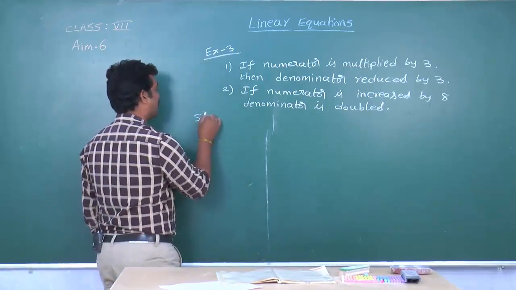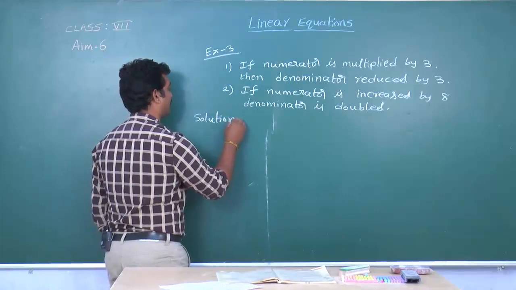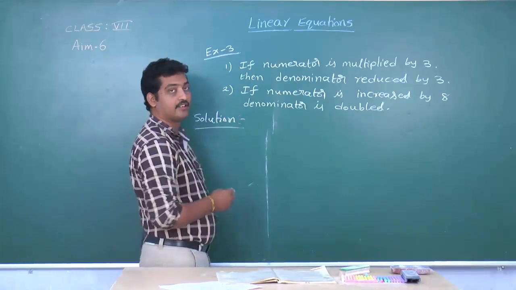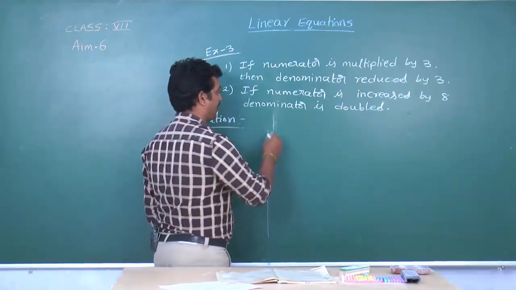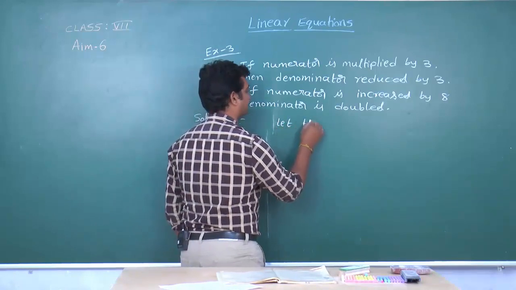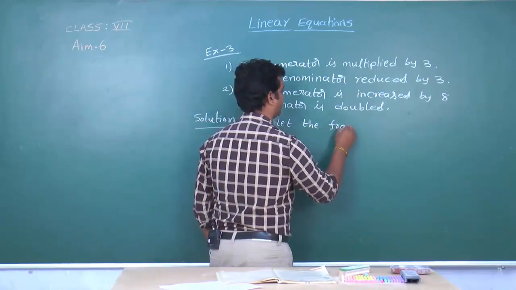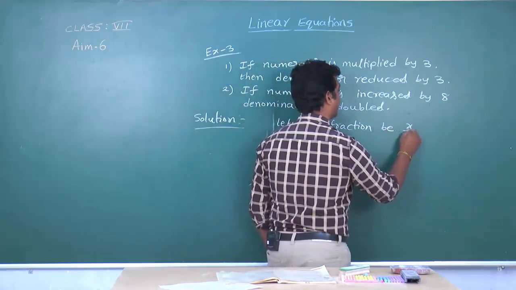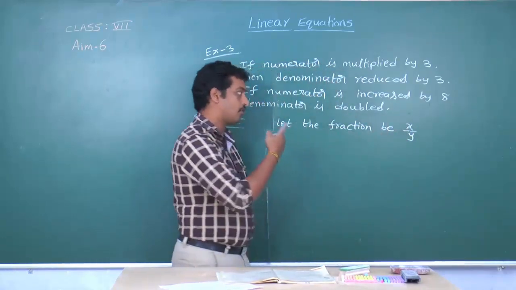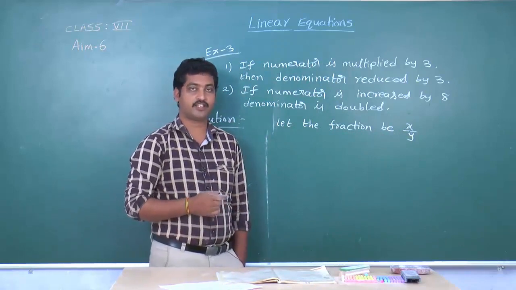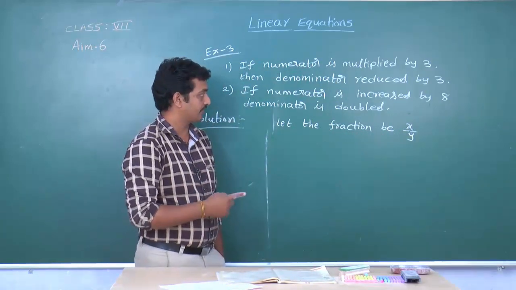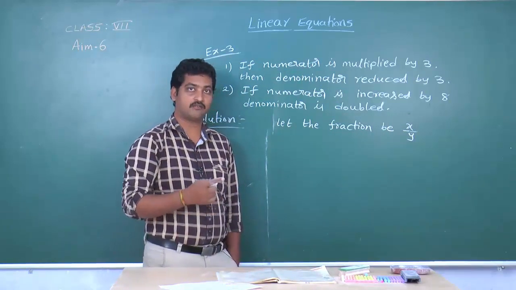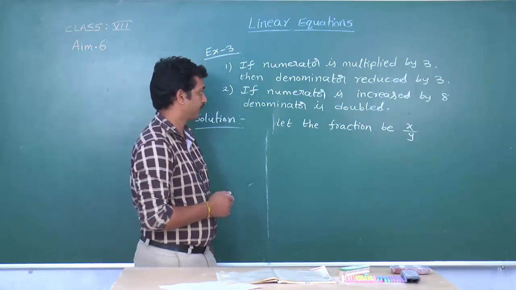So that in this solution, first of all, we have to take a fraction. Let the fraction be x by y. Two unknowns are involving there, one as numerator, another one as denominator.